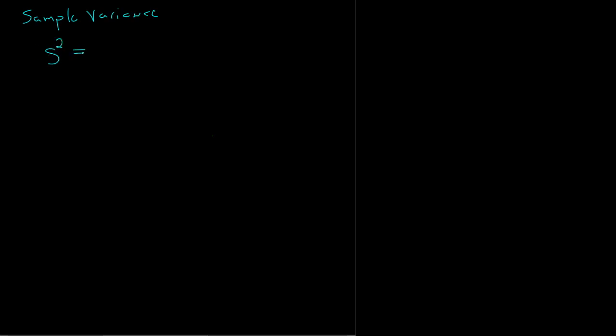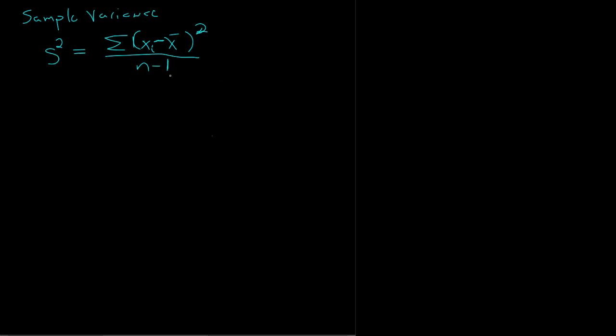So s squared, a lowercase s, is equal to the sum of the sample variances, so that's x sub i minus x bar squared, divided by n minus 1.